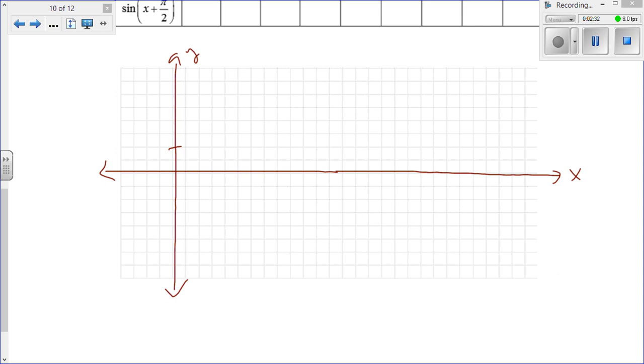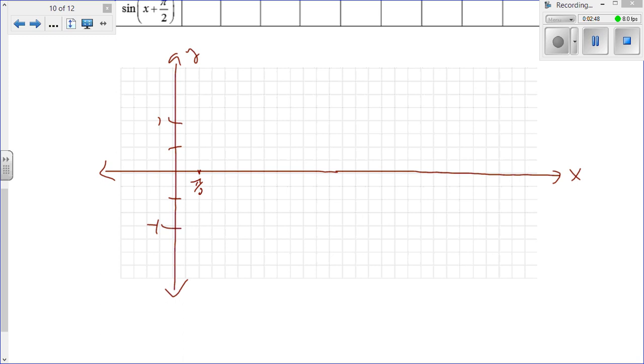That's going to be a half, and this is going to be a 1. That'll be half, and this will be a negative 1. And then every 2 is going to be a point.